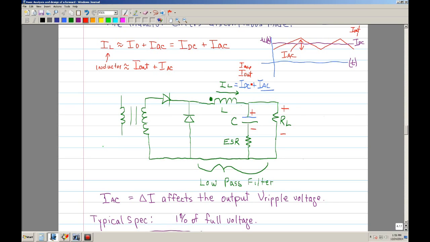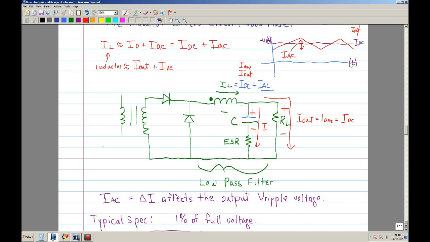Okay, this DC, typically you want to go to your load. Okay, that would be Iout. You can also say that it's the Iaverage or IDC. Okay, and you want this AC component to go through the capacitor.